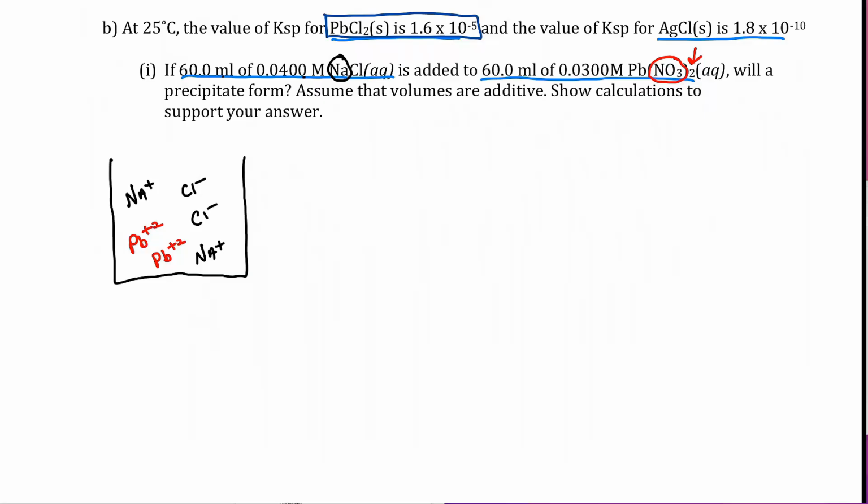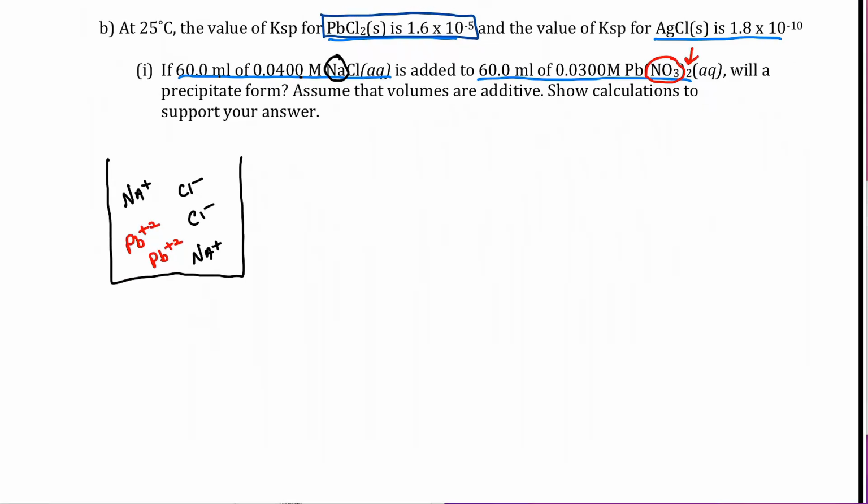I don't need the silver information because there's no silver, so that's probably for another question. So I know lead chloride is pretty insoluble. The lead is going to attract the chloride and make a precipitate, or possibly make a precipitate, depending upon if Q is less than K or greater than K. Yeah, this is a Q versus K question.